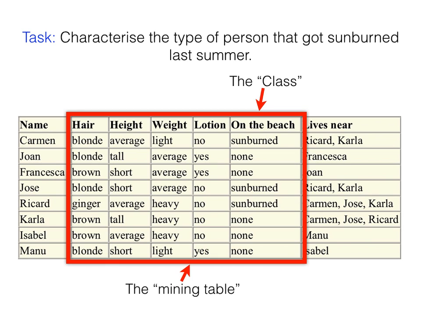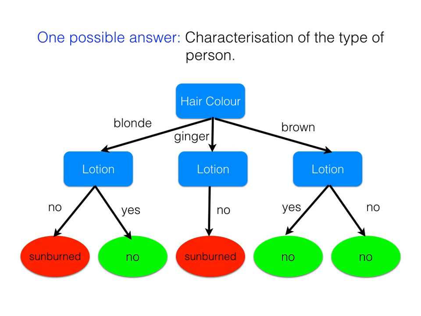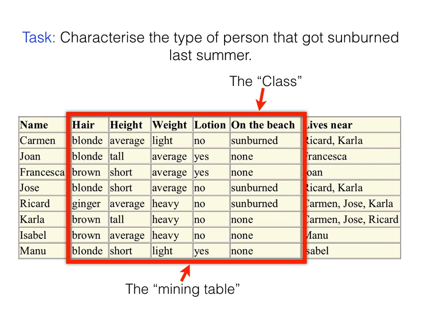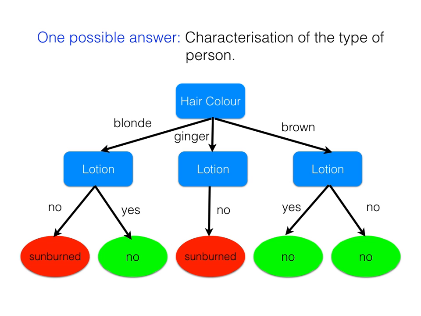We can tell that. The other thing we can tell is that because of our model here, we know that only hair color and suntan lotion are important for characterizing whether someone got sunburned or not. So we don't care about their height or their weight. They're not important to the problem.